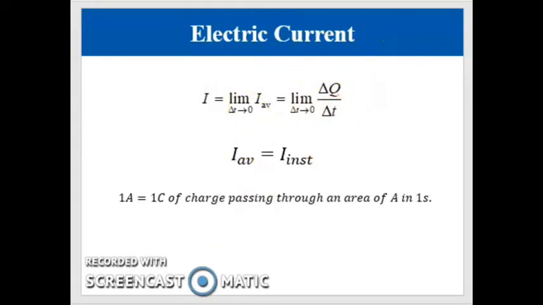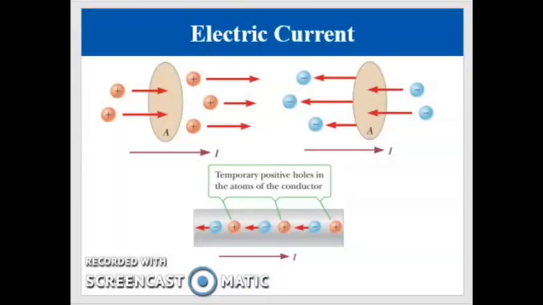When the current is steady, the average and instantaneous currents are the same. Note that 1 ampere of current is equivalent to 1 coulomb of charge passing through an area of A in time interval of 1 second. Now we have 3 figures here: the upper left side, upper right side, and the bottom one.